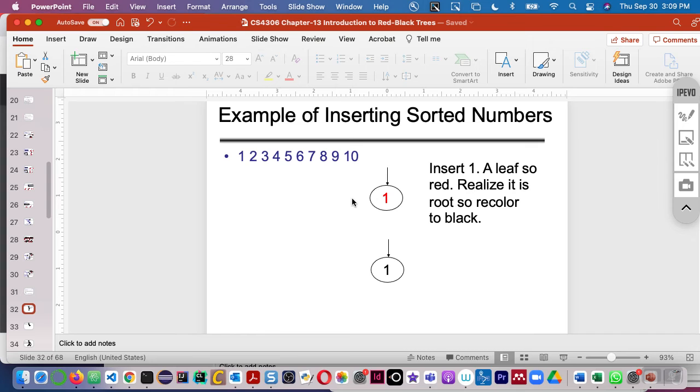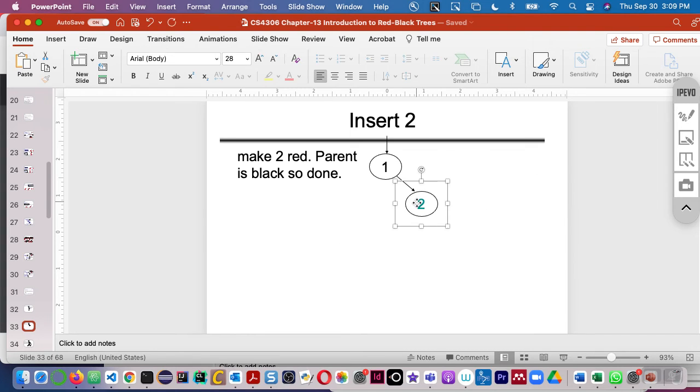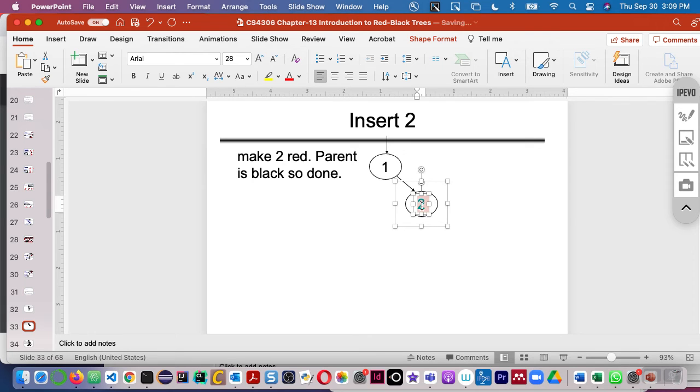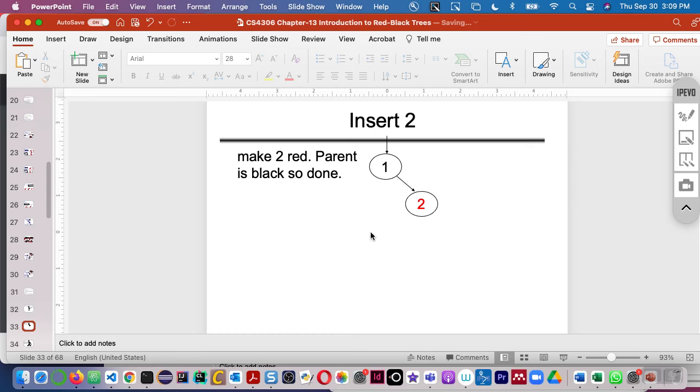Yes. Okay, so now I got another element, 2. Initially it is red. You see that a red black tree is a BST, so 2 will go to the right side. 2 is greater than 1, right?